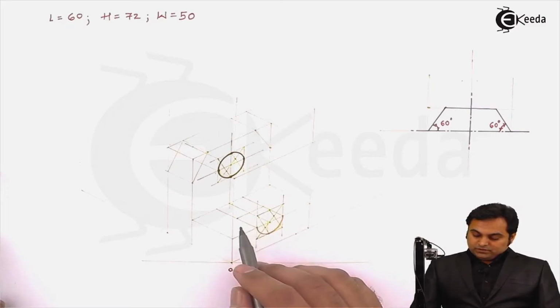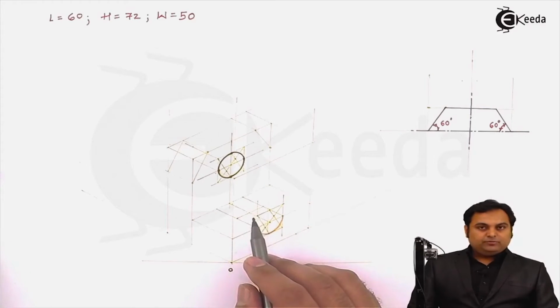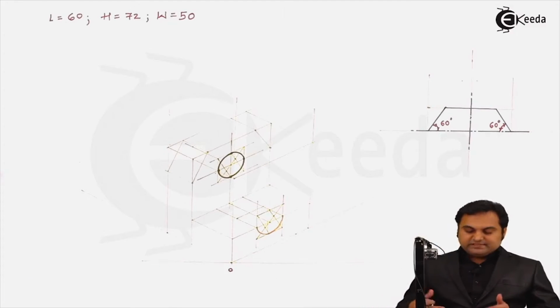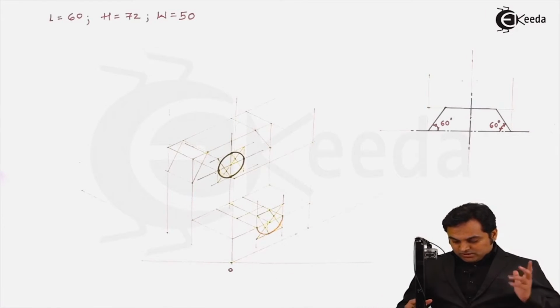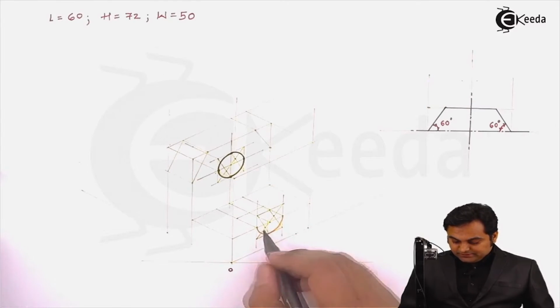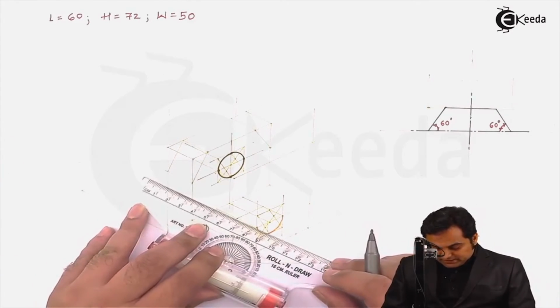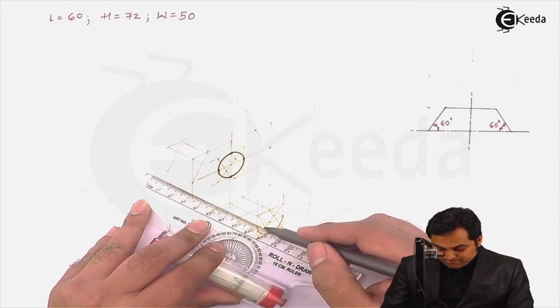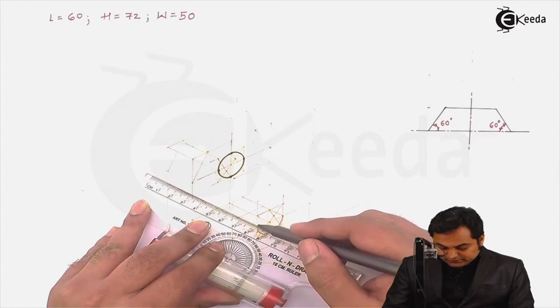Now, here I would be drawing the semicircular part 15 mm behind, and for that, I'll have to take the centers 15 mm behind. Like for example, first I had taken this center, so taking it behind by 15 mm, drawing a light horizontal line.